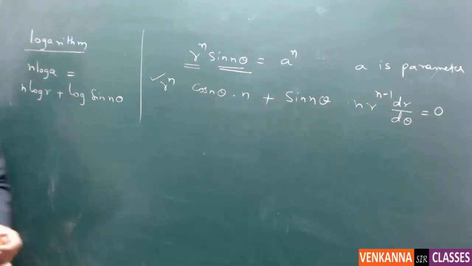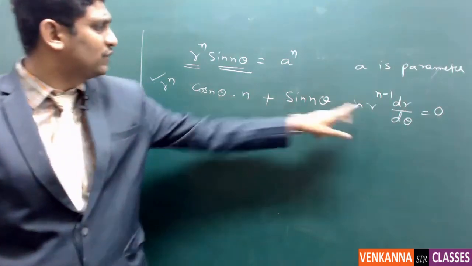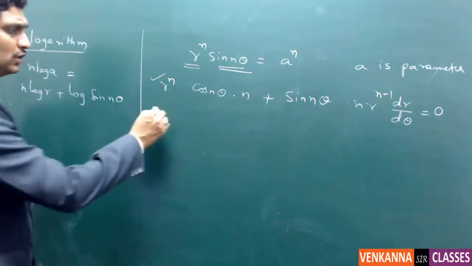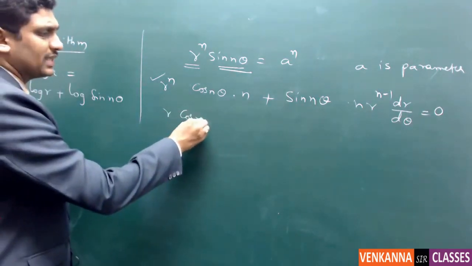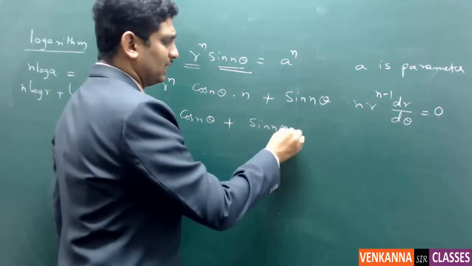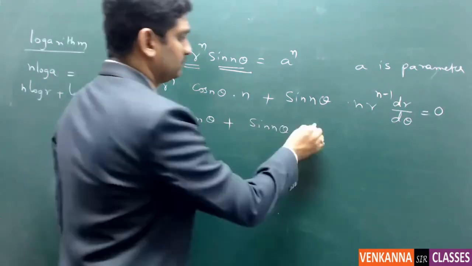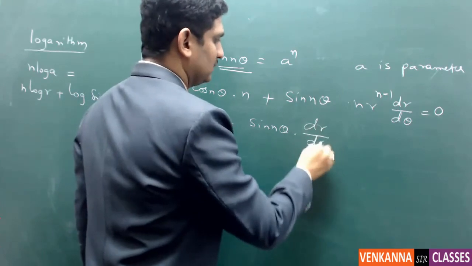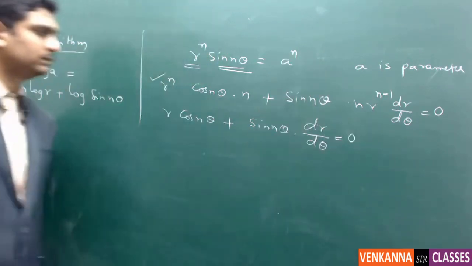So here you can cancel r power n minus 1, also n. So r into cos n theta plus sin n theta into dr by d theta equals 0.